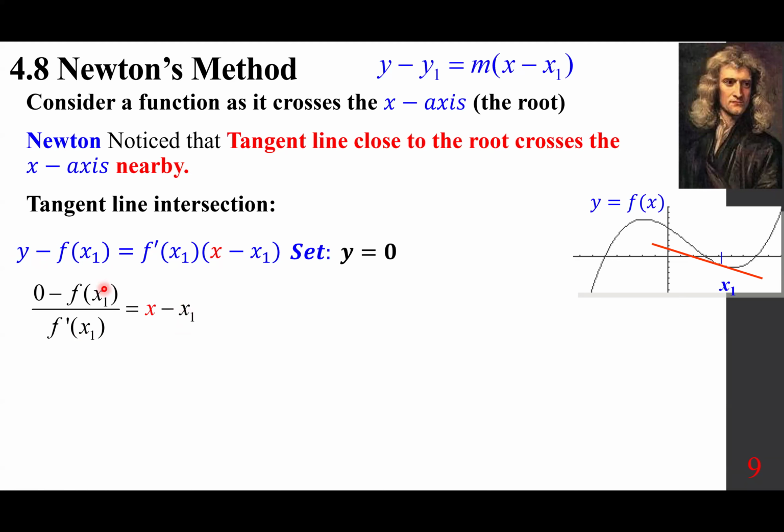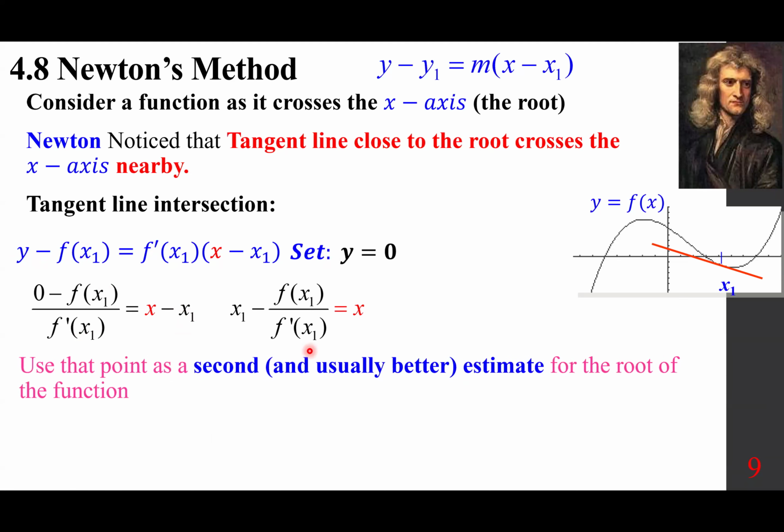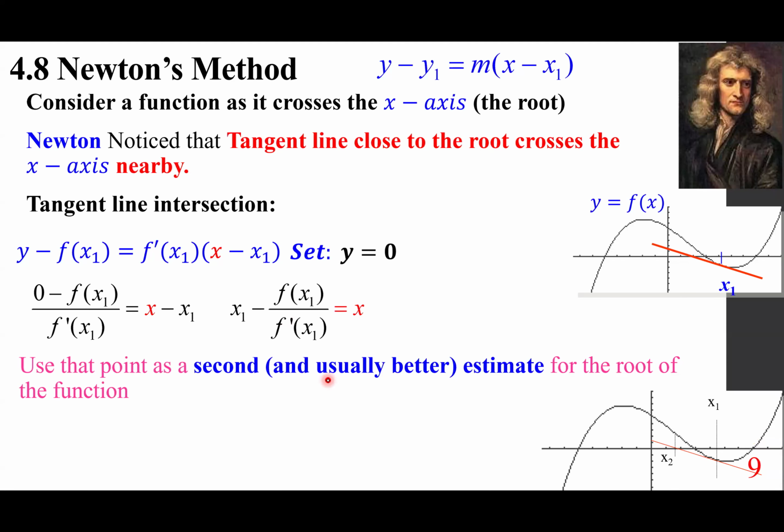I can take the negative x sub 1 to the other side, and it becomes x sub 1. So x sub 1 minus f of x sub 1 over f prime of x sub 1 is x. Actually, this is a new point in essence. Use that point as the second and usually better estimate for the root of the function.